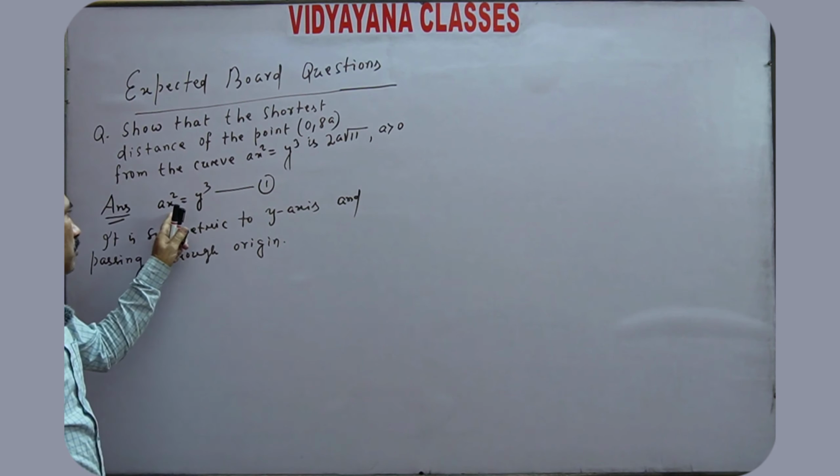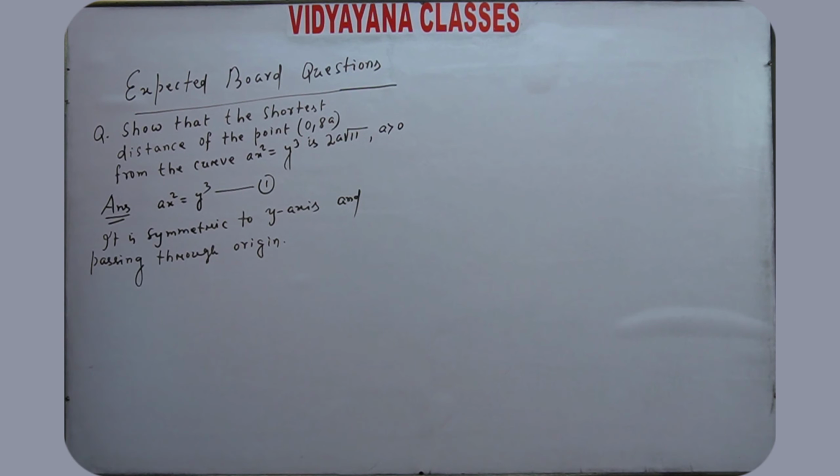For x equal to 0, y is also 0, so the curve passes through the origin. The graph of the function is as follows.